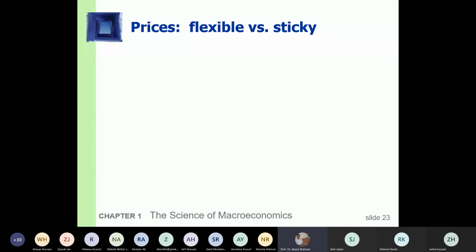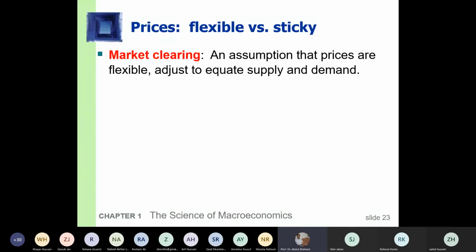And then we have prices. Prices can be flexible, or prices can be sticky, rigid. We have the market clearing assumption. In the model that we just discussed, we have flexible prices because the price adjusts to equate demand and supply.